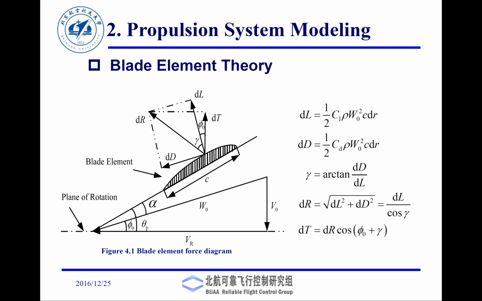The same thing happens with the drag. The only thing is the dynamic pressure, 1/2 rho v square or 1/2 rho w naught square, gets multiplied with CD. Now, what do we desire? We want low CD, we want high CL.